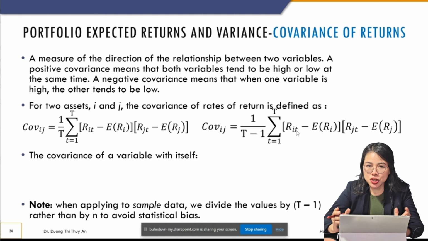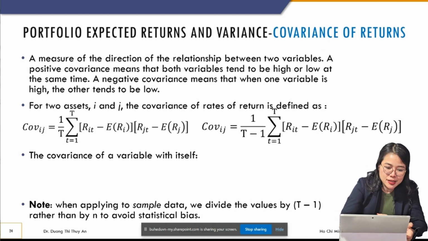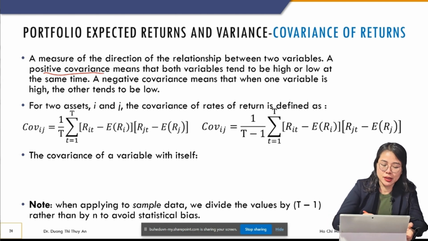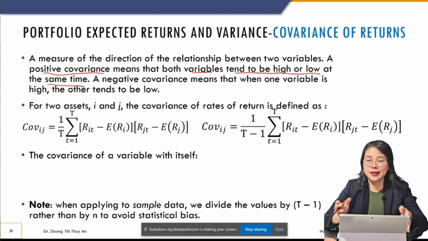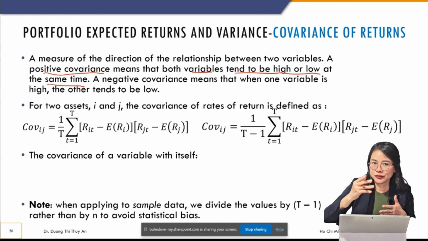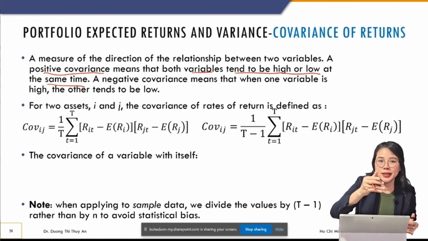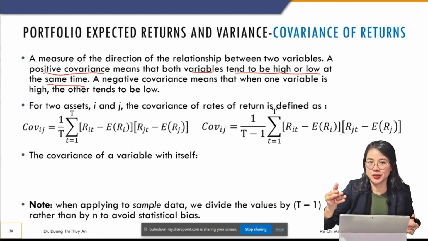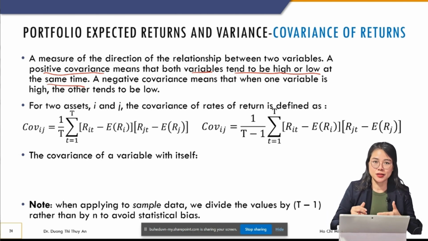Covariance can be negative or positive. If it's positive, it means that both variables tend to be high or low at the same time. What does that mean? It means they move in the same direction. If stock I increases, stock J also increases, and vice versa. Stock I decreases, stock J also decreases.